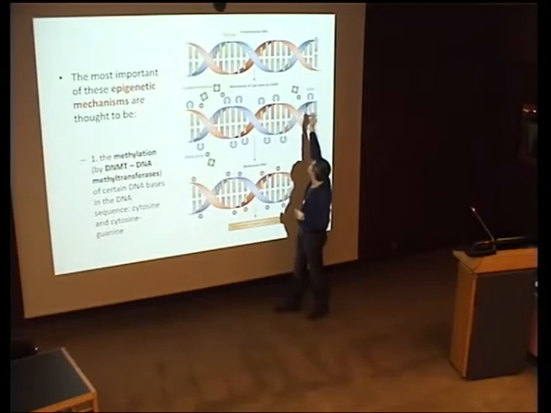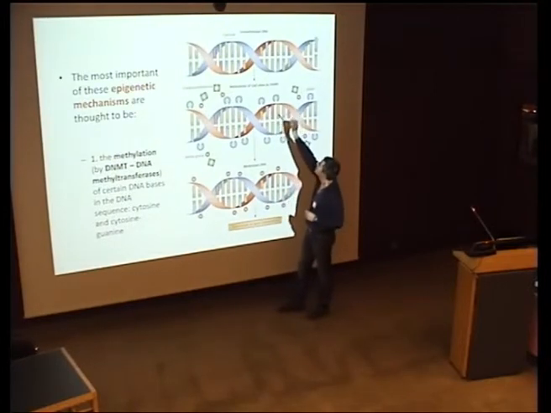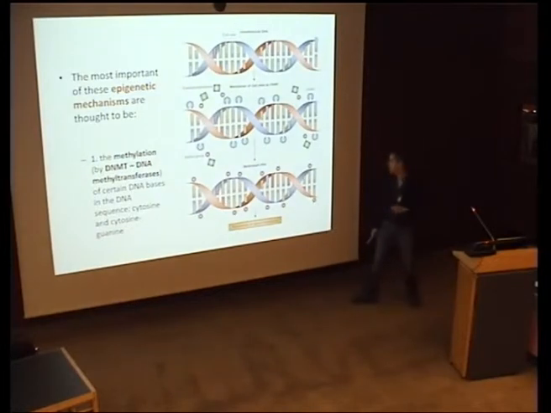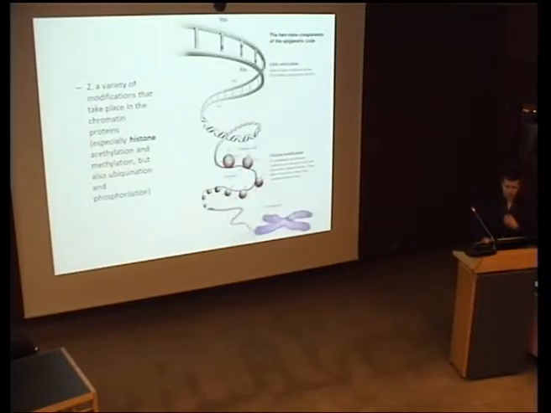The first DNA strand does not have these methyl groups. The last one, as you can see, is already methylated. This will result in the suppression of this particular gene transcription. This is the first of the three most important epigenetic mechanisms known to date.